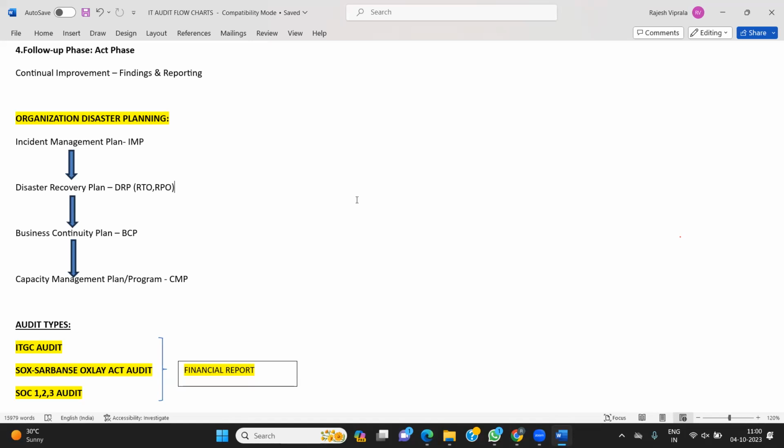Are they capable of doing it? Are the resources really available? Or do they have any issues? If they have issues, what are the expectations out of it? All these things will be included in the capacity management planning document. It can be with respect to the business process, or it can be with respect to the IT domain.